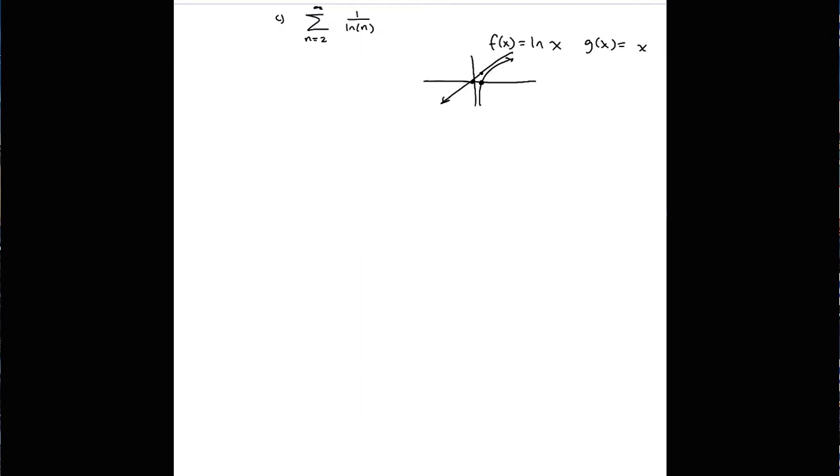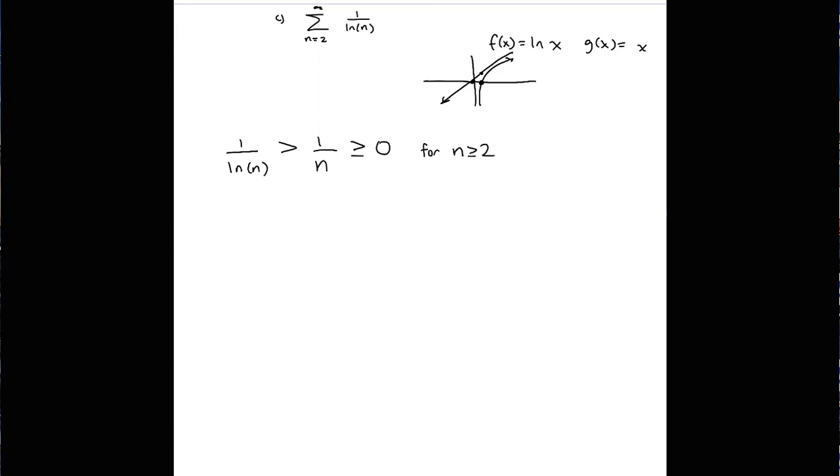It turns out that as x goes to infinity, the line y equals x is actually bigger than ln of x. So we can make a comparison that 1 over ln of n is actually going to have, ln of n is a smaller denominator, so the smaller denominator is going to be the bigger fraction. And all of these are greater than or equal to 0 because n is always positive greater than 2.